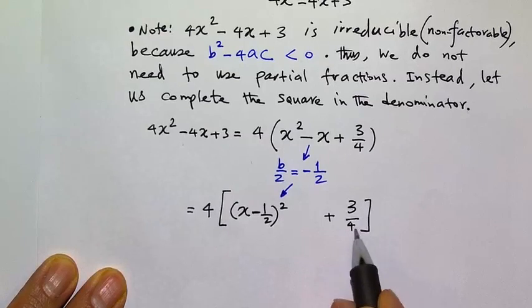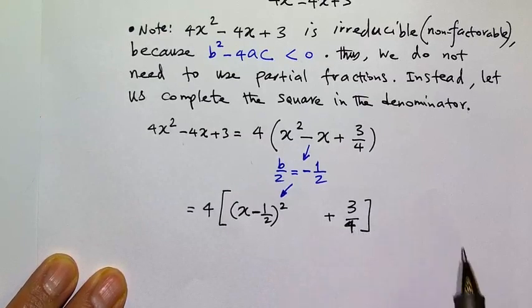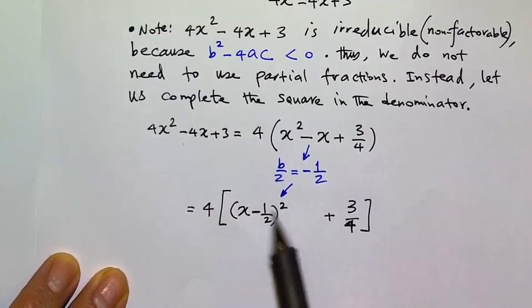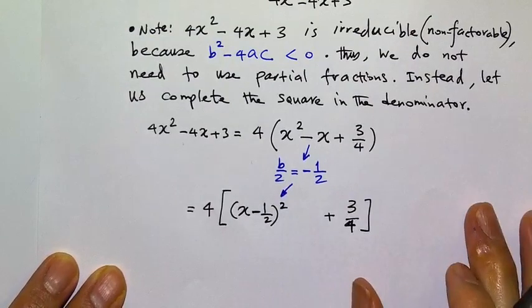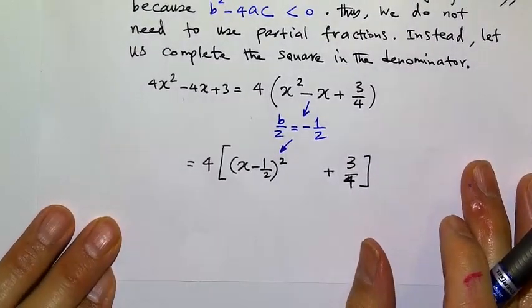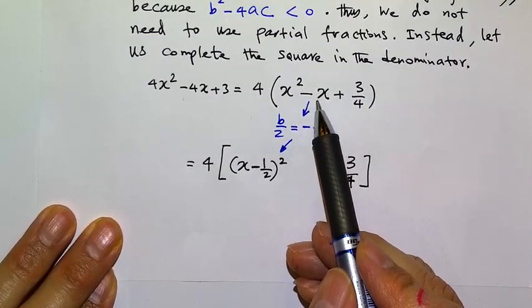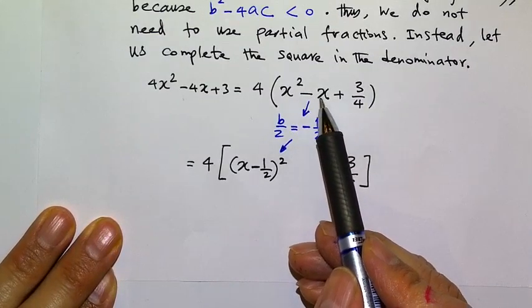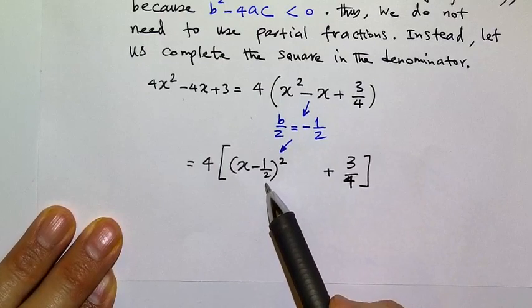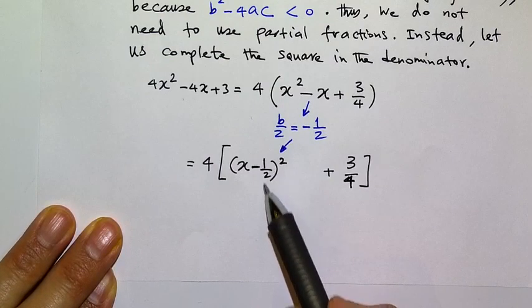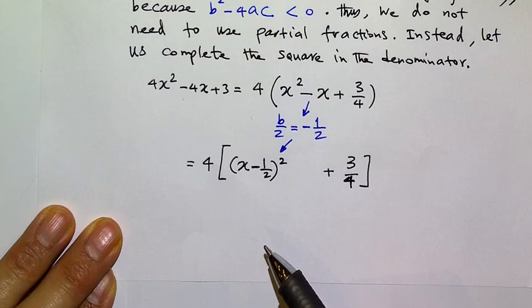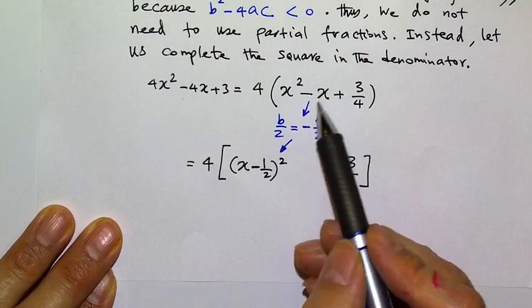3/4, right? So what happened here: if you expand the perfect square we created, you're going to get x squared minus x for sure, but you're also going to get plus 1 over 4, right? Do we have a positive 1 over 4?